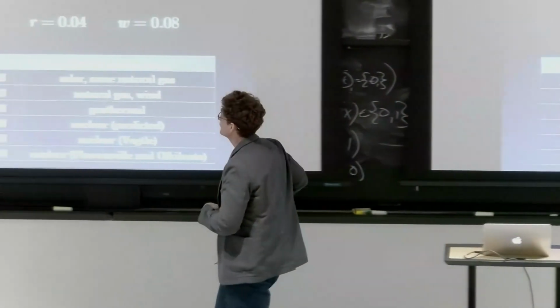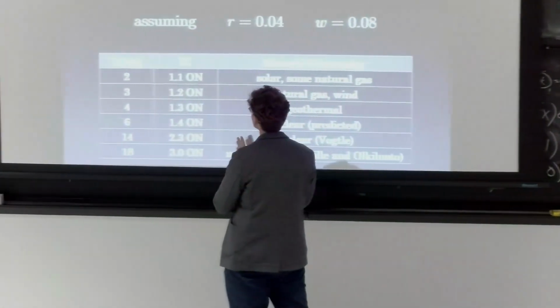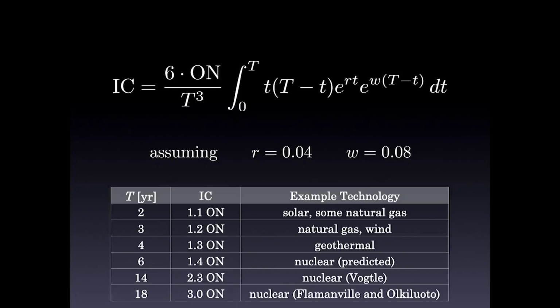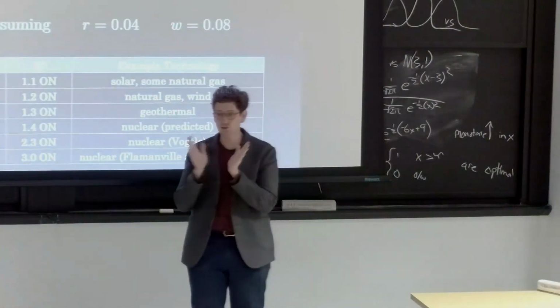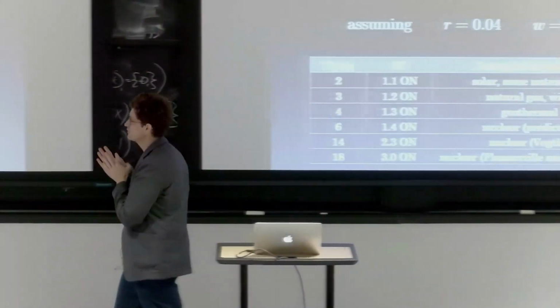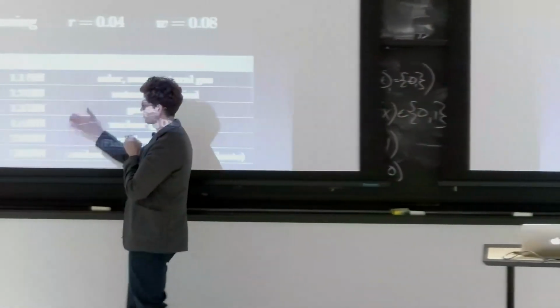All right, so in the last class, we derived this formula, which is essentially the investment cost at the end of building your plant. This formula applies to any technology, and we saw the sensitivity to construction timelines.